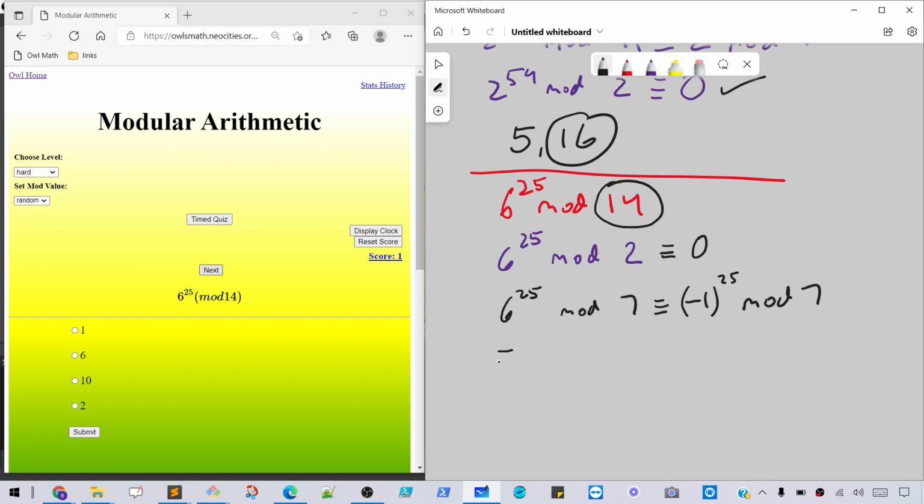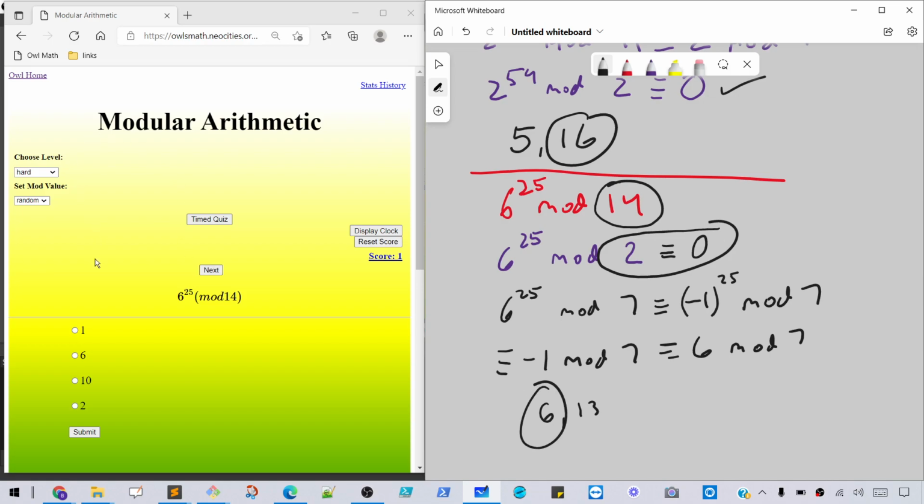So this is actually going to be equivalent to -1 mod 7, and that's congruent to 6 mod 7. Then we can do the same thing we did in the previous problem. Among numbers that are 6 mod 7, 6 and 13 work. We also want it to be 0 mod 2, so we need an even number, and that's going to be 6.